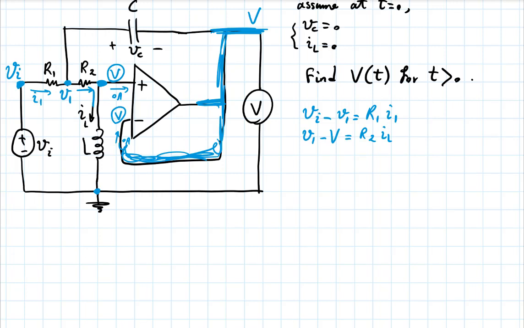V minus 0, if we call this 0 volt, so big V minus 0 is L dIL by dt. Have I left anything out? Well, the capacitor. If we think about this current of the capacitor, if this is IC, IC is C dVc by dt, right? But Vc itself is V1 minus V.